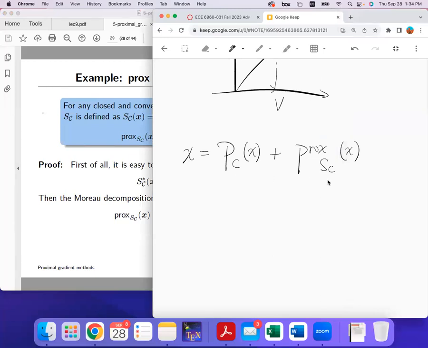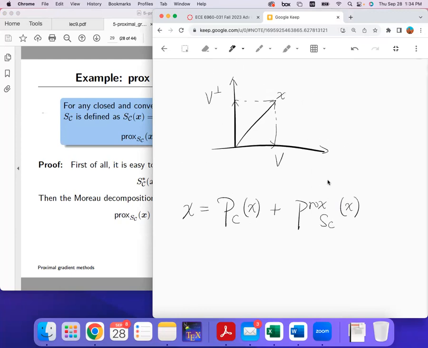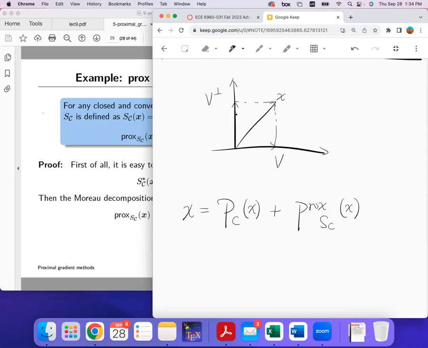This is a general nonlinear decomposition. And it generalizes the orthogonal decomposition that we are familiar with.